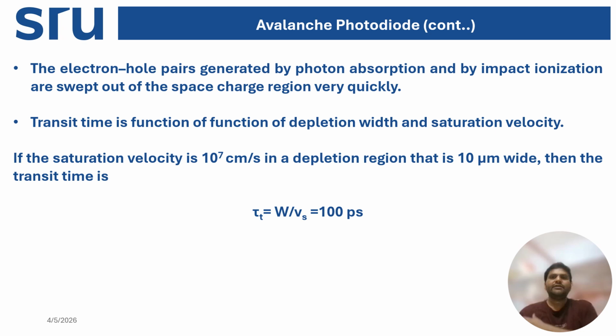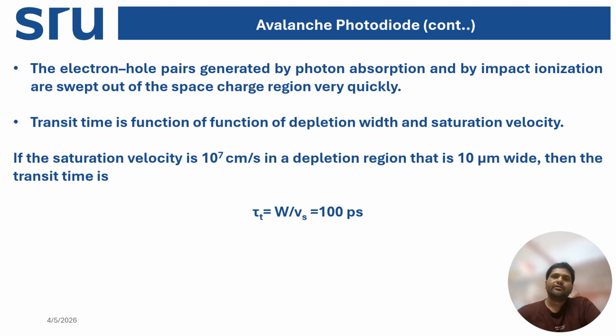So the avalanche photodiode works on the principle of the photovoltaic effect combined with avalanche multiplication. In reverse bias operation, the APD operates under high reverse bias voltage close to the breakdown to create a very strong electric field.